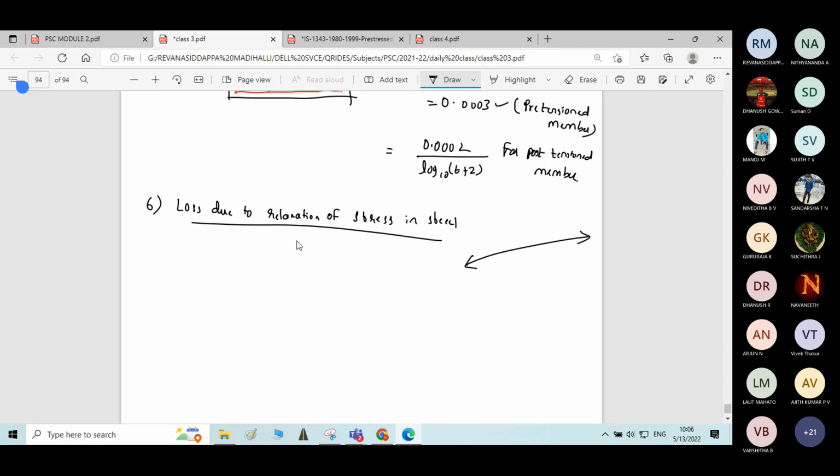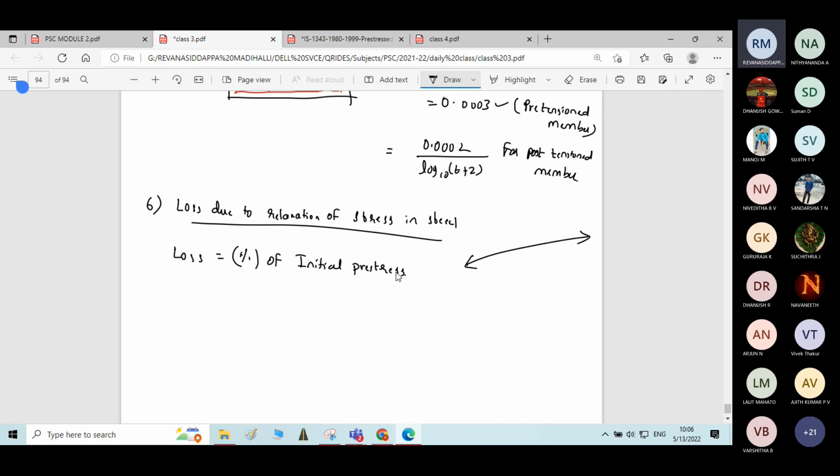Loss of pre-stress due to relaxation of stress in steel is calculated as loss equal to a percentage of initial pre-stress. This is the easiest way to calculate it. It's a very simple calculation.